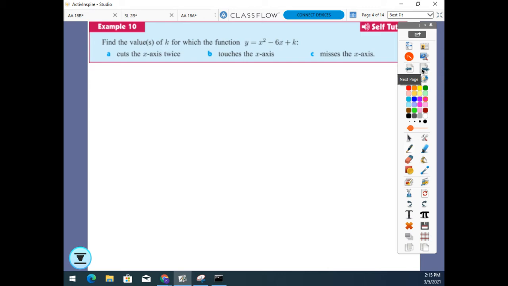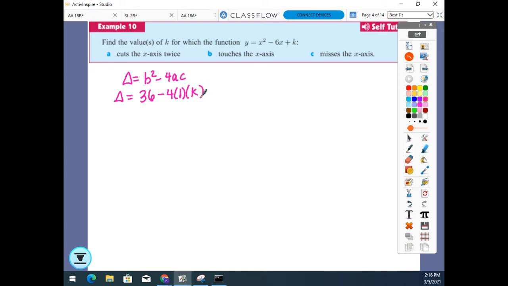This one can be a little confusing at first. We almost work our way backwards. Let's first find the discriminant: b squared minus 4ac. In this case, we use this for a, b, and c. b squared, negative 6 squared is 36, minus 4, a is 1, and c is k.